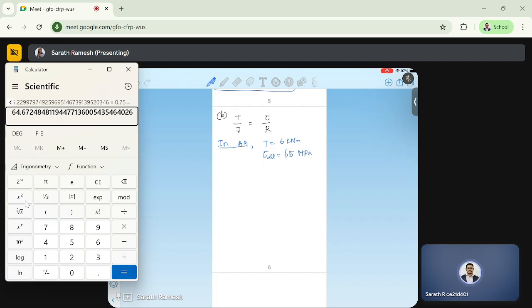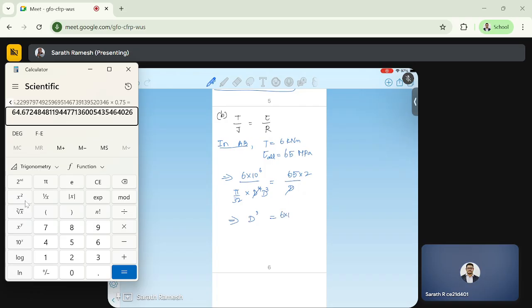It's a solid shaft, so fine. So let's substitute 6 into 10 power 6 divided by pi by 32 into d power 4 equal to 65 divided by d by 2. Okay. So this will become d cube.